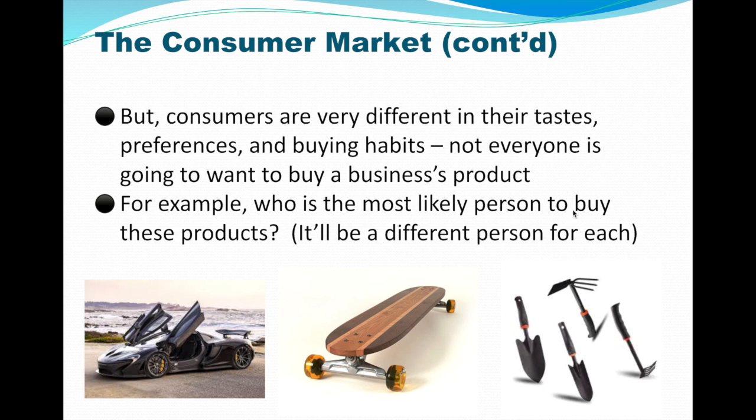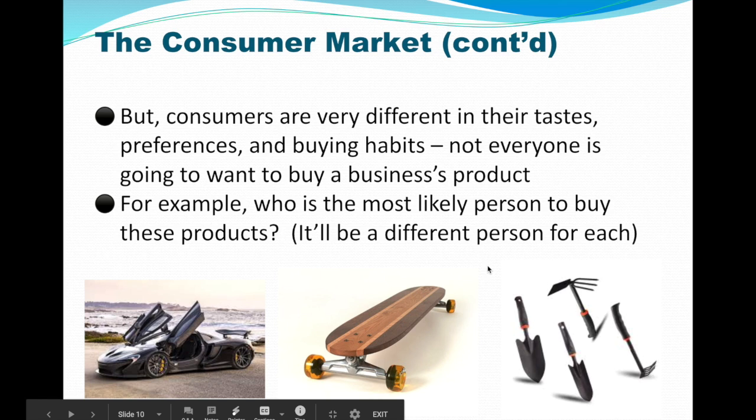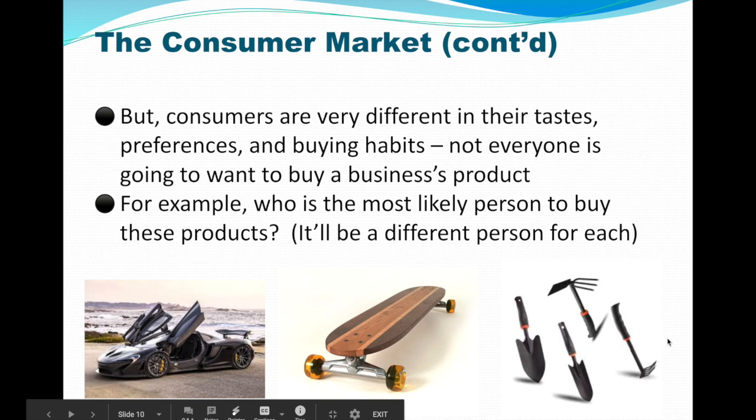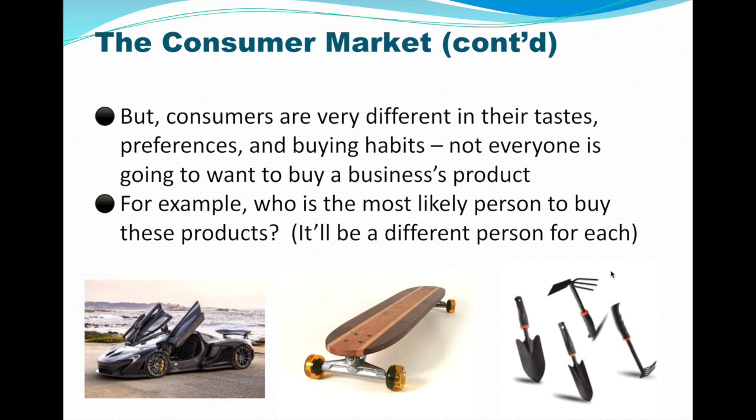But see, there's a different type of person that will buy this, that will buy this, that will buy this, and they're not the same person. And so we're not going to promote our products to these people the same way. You wouldn't promote a McLaren the same way that you would promote these gardening tools. You wouldn't try to appeal to the same characteristics because these are going to be bought by different people.